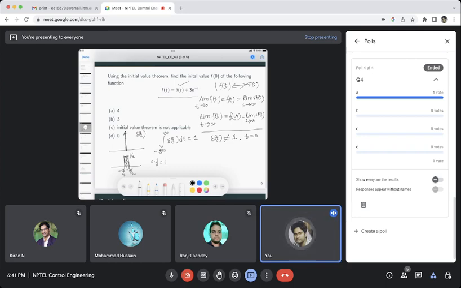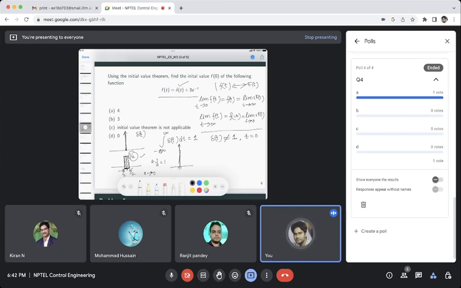So you take the limit of this when the width goes to 0. That means you decrease the width more and more, so the height will increase, right? Because if you decrease a toward 0, then 1 by a will increase. So this impulse function is the limit of this.